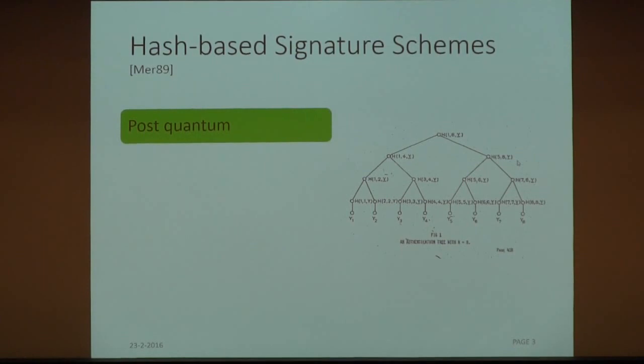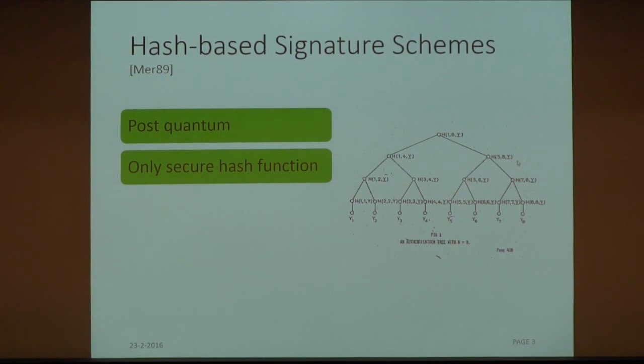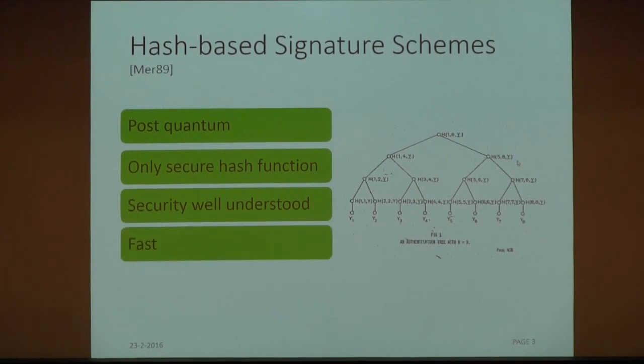And, well, these schemes are post-quantum. That's why I'm here. They only require a secure hash function. I will comment on this in a second. The security is well understood. I will also talk about this in a second. And the schemes are comparatively fast. So especially the stateful schemes are faster than RSA on some hardware, for example.